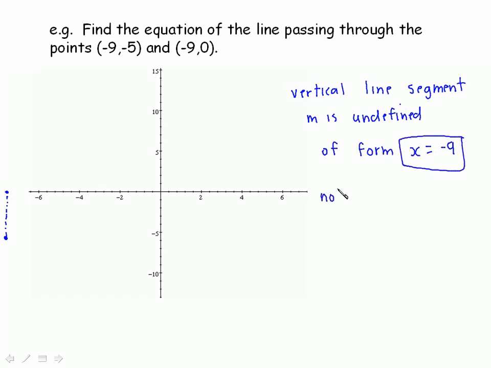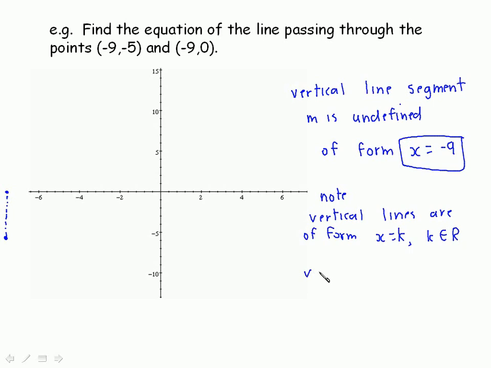So if you want to make a note, vertical lines are of form x equal k, where k is any real number. So x is equal to some number. Always works that way.